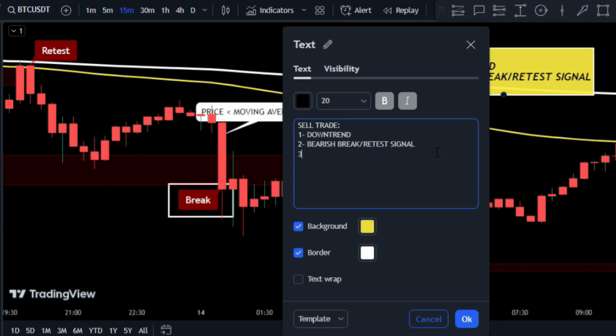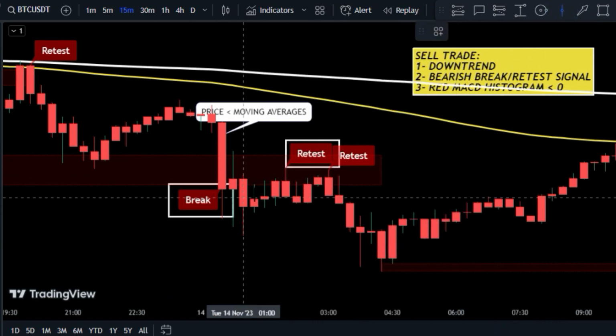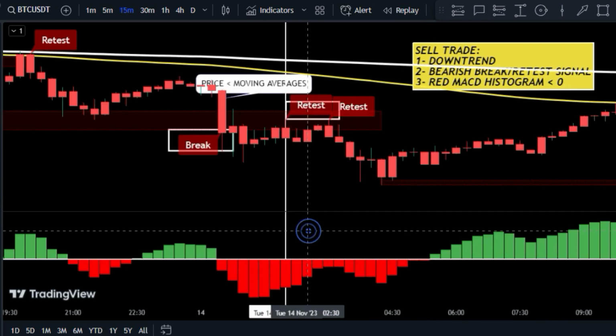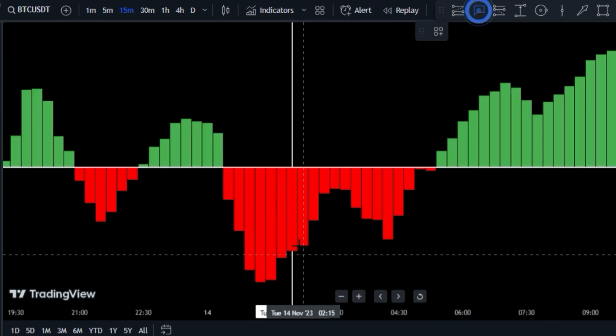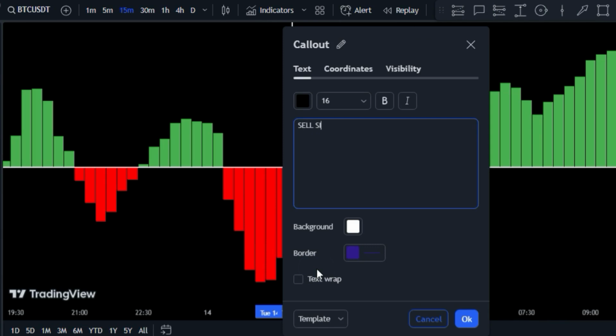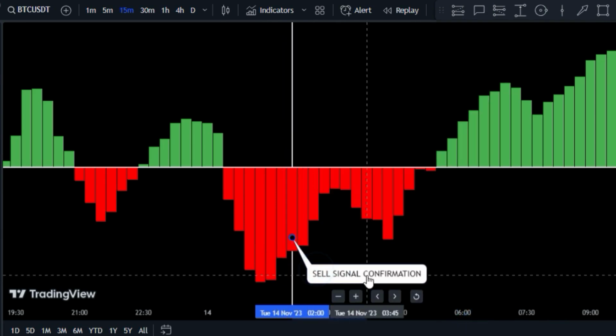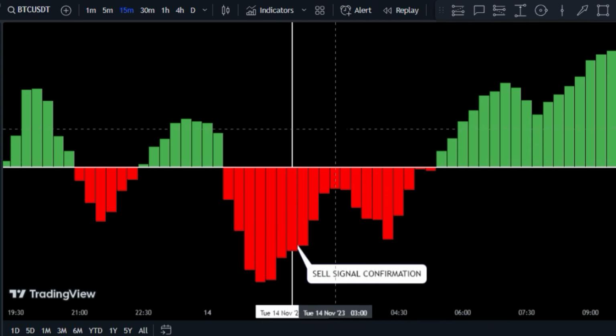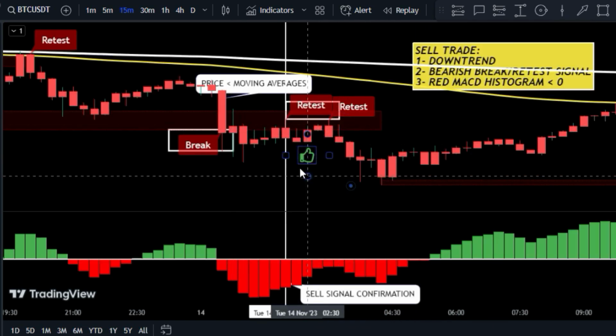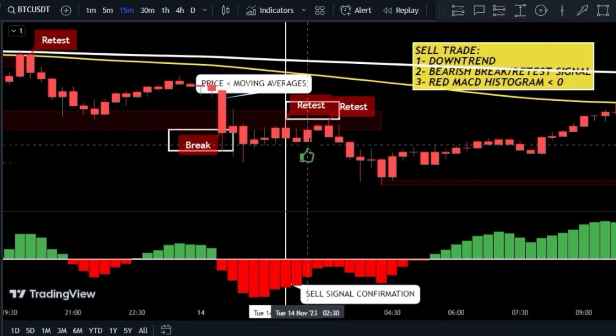Once we receive a signal, the third condition is to check the MACD indicator to evaluate the strength of the downward trend. If all these conditions are satisfied, you can consider entering a short trade.